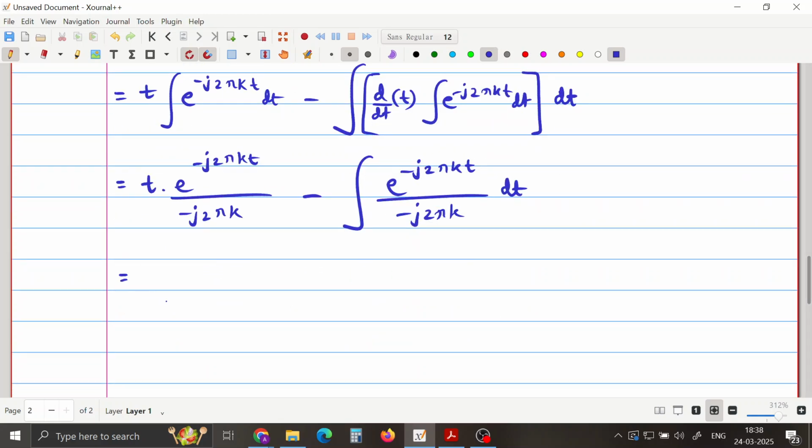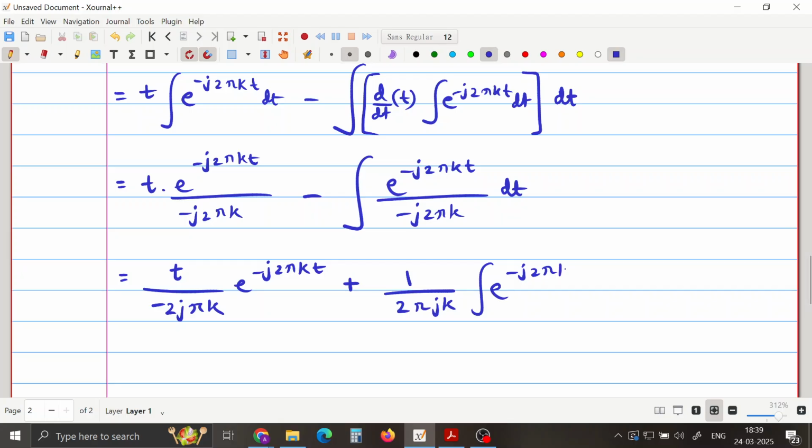So what do we have? t by minus j 2 pi k e power minus j 2 pi kt. There are two minus terms here, so it becomes plus, and I can pull this 2 pi jk outside the integral. Then I have e power minus j 2 pi kt dt.